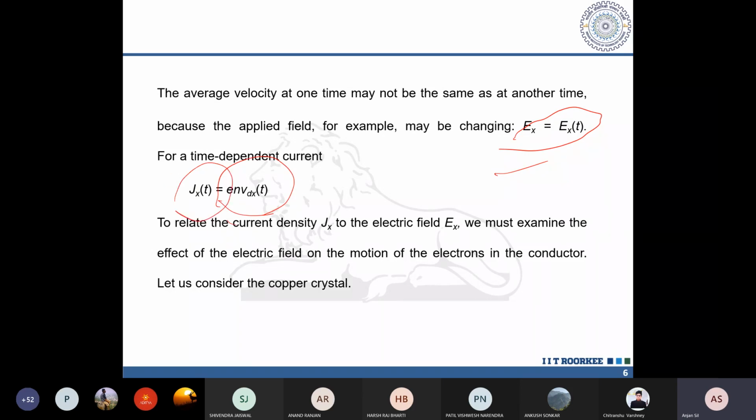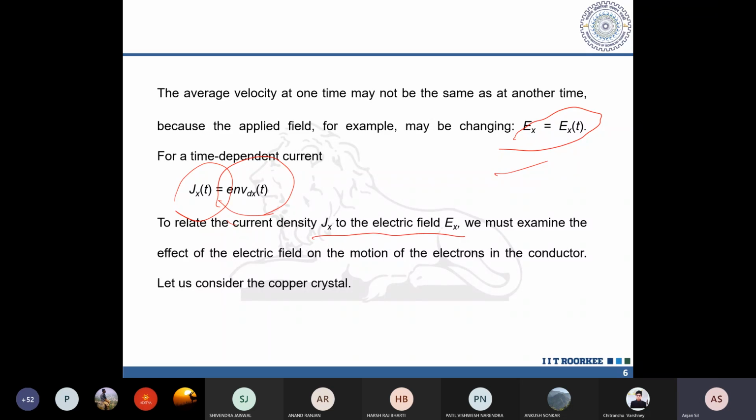The earlier slide was independent of t. Now you are introducing a time dependent part, which is a realistic concept, because we always talk of AC current, an alternating electric field. So you have to give a function of t, suitable function, sinusoidal or square wave, whatever you need to assign, and you get the result, right?